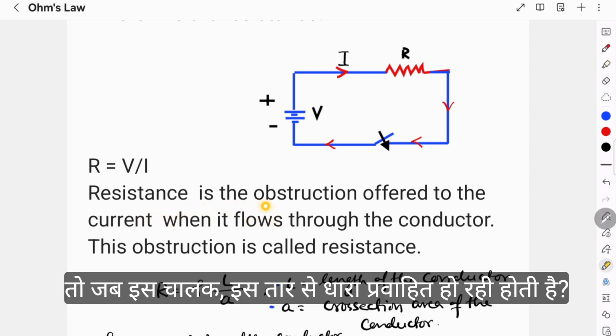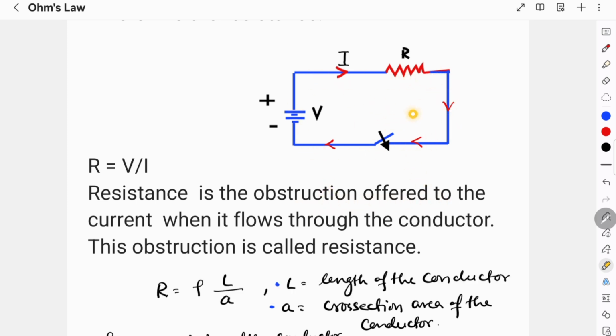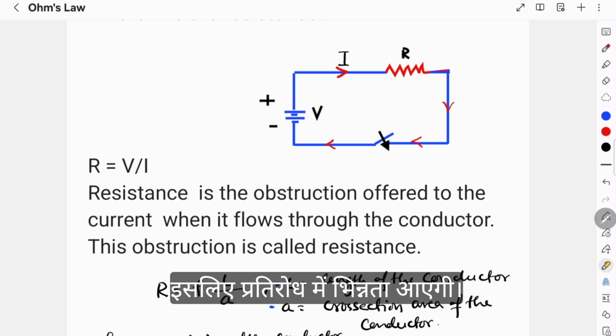When the current is flowing through this conductor, this wire, the electrons which are present inside it are offering opposition to the current. So depending upon the material of this conductor, the resistance will vary.